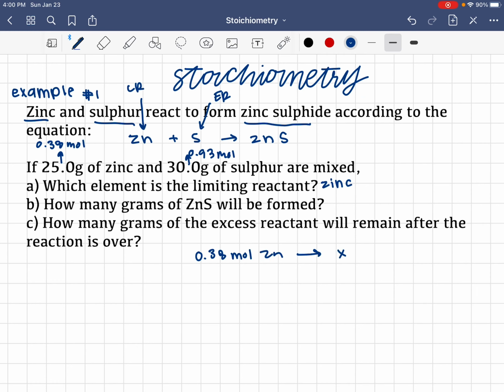We don't know how much zinc sulfide that produces, but looking at this equation, we see our ratio is 1 to 1 to 1, which means 1 mole of zinc will give us 1 mole of ZnS. So this is actually X moles of ZnS. When you do this, I'm going to cross multiply to get X equals 0.38 mole.